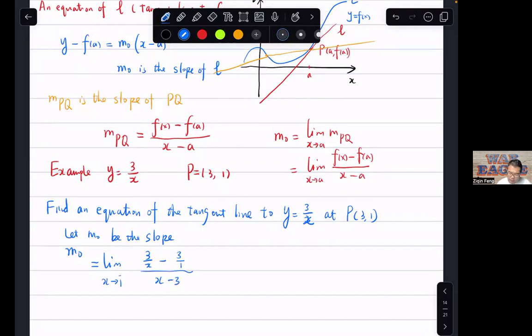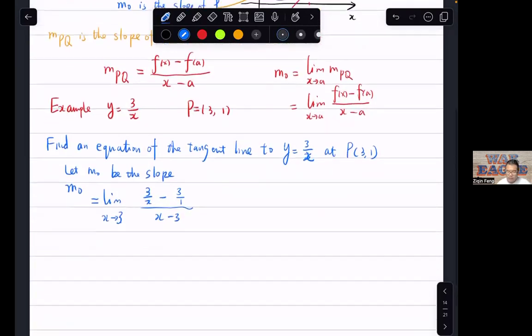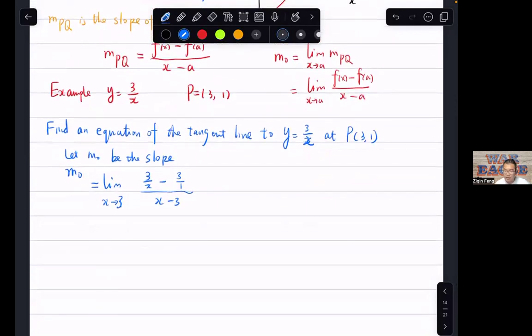So how do we evaluate this limit? We have many different tricks. For sure, you cannot plug in 3 because you get 0 in the denominator. We want to cancel the factor which makes the denominator 0, which is x minus 3. We don't have many other tricks, so just use algebra.